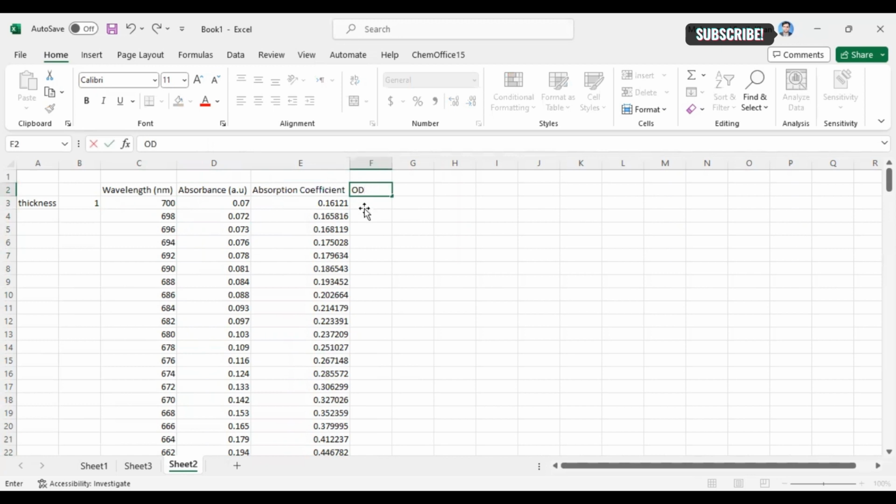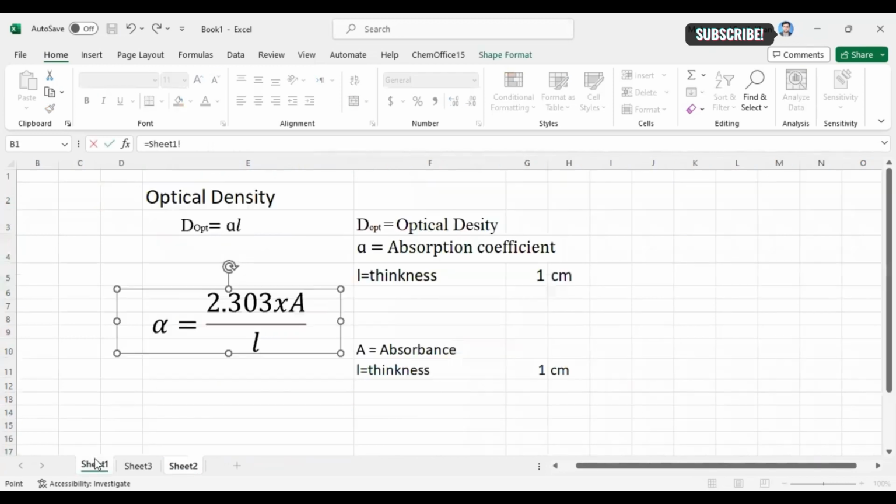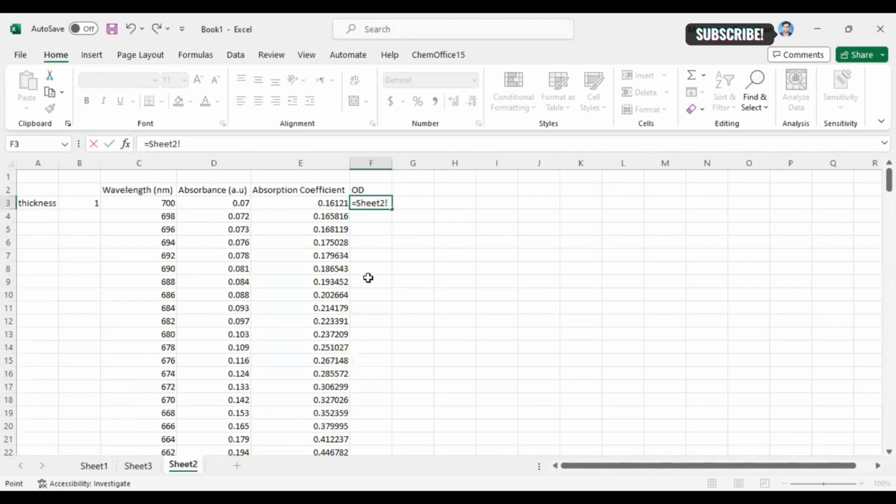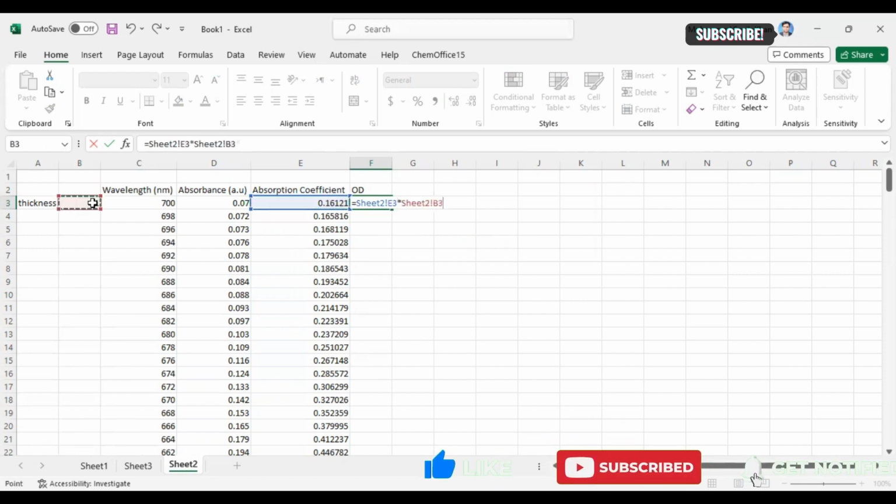Optical density, OD. As we know that in this formula, optical density is equal to alpha into L. So what we will do, we will write is equal to, this is our alpha multiplied by thickness is 1.